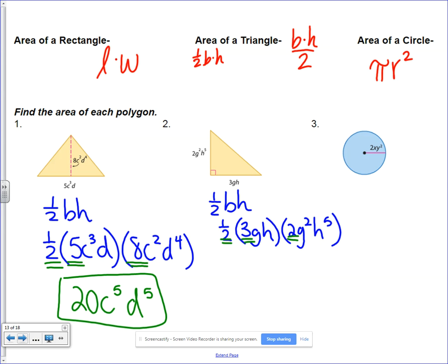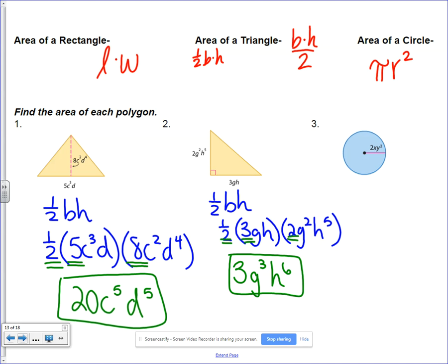Is 3. Is everybody okay with me doing a 3 for this coefficient? Bless you. What do we do with our exponents? Add them. So how many G's will you get? Wonderful. How many H's will you get? How is everybody with that triangle? See how we're just plugging things in and then working it out, right?